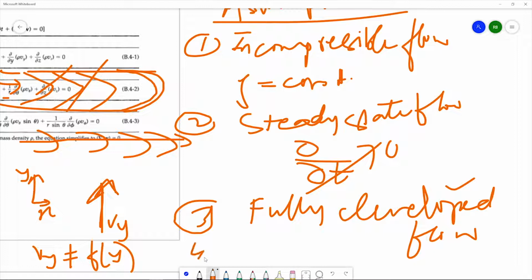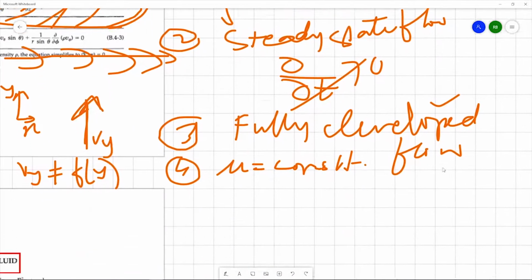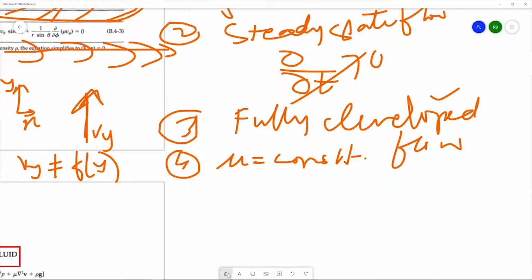And lastly, you have to assume that the viscosity is constant. So viscosity is constant. It's not a function of x, y, z or time. Again, you can also assume that it is a Newtonian fluid.